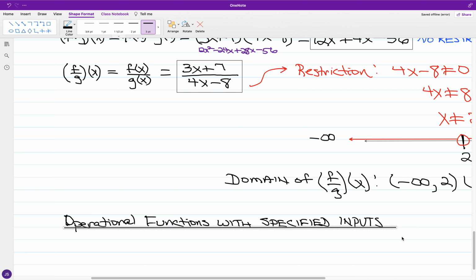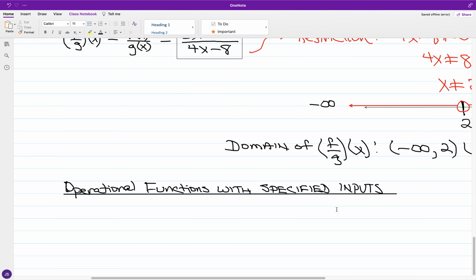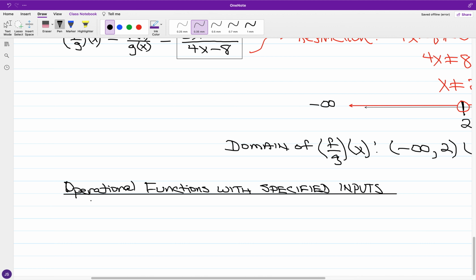And with the sum, difference, product and quotient functions, these will be, I think, fairly straightforward.